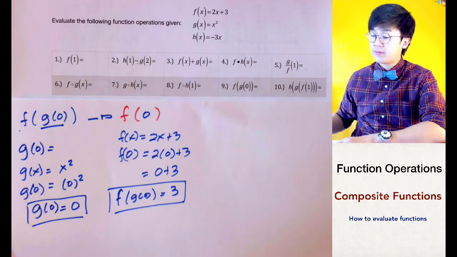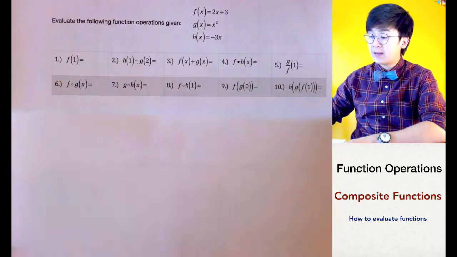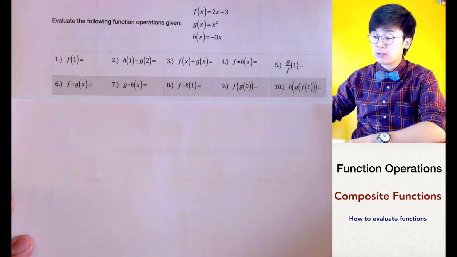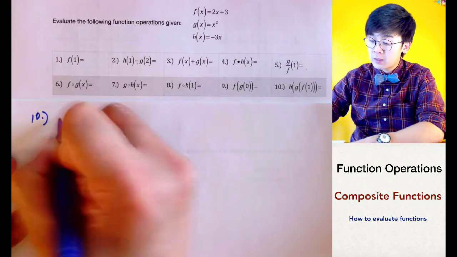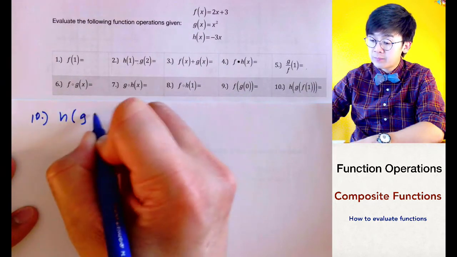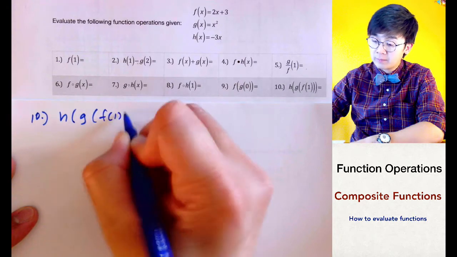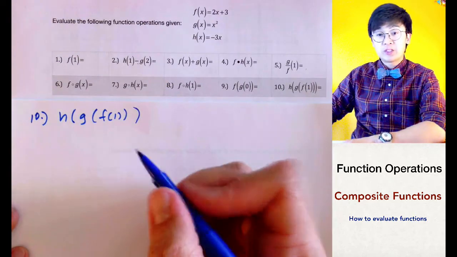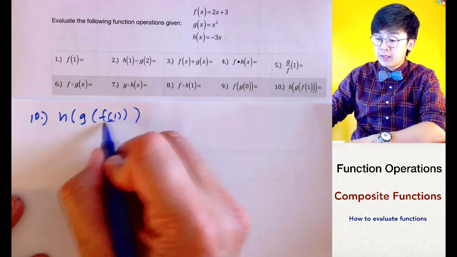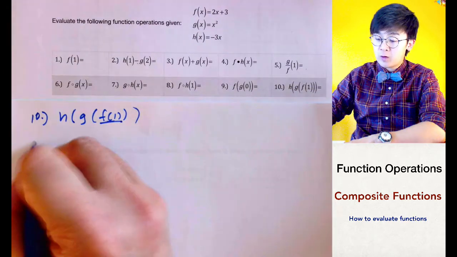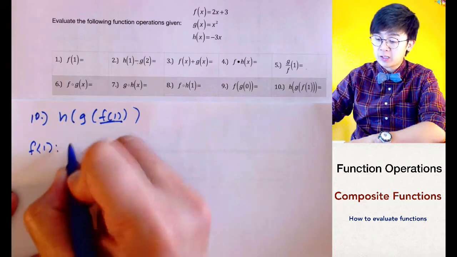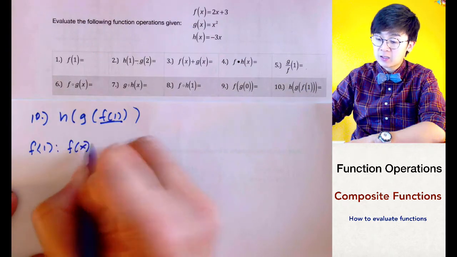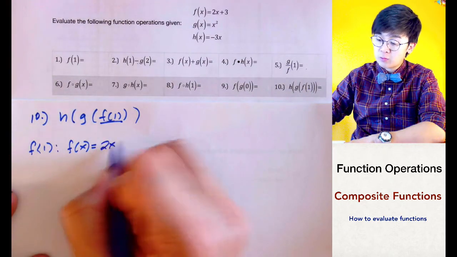And for the last problem, we have 3 functions in one operation, h of g of f of 1. So just like what we did on number 9, we're going to go from the inside going out. So f of 1 is what we're going to be evaluating first, and we know that it will come from f of x, which is equal to 2x plus 3.